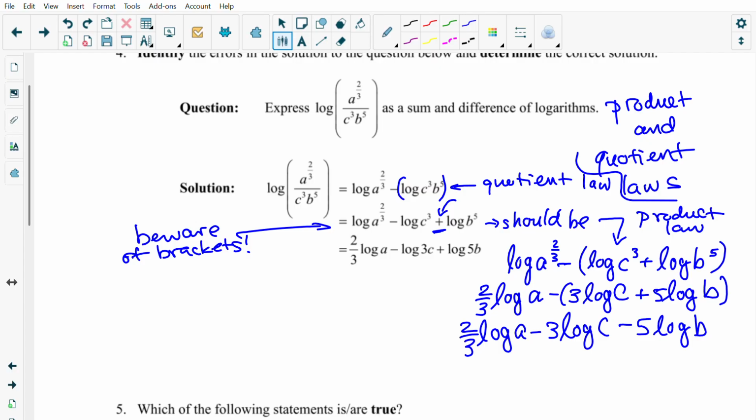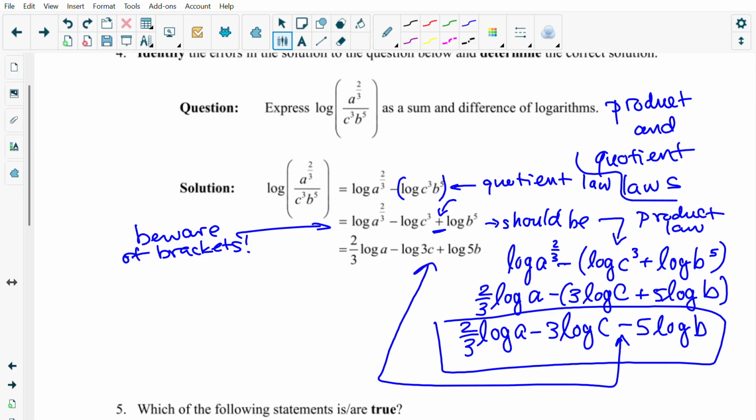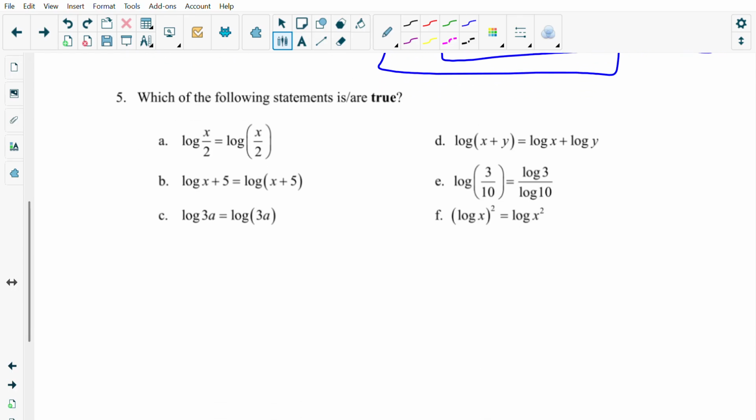Okay, so this is the proper application. Subtle difference here, that minus sign versus the plus sign. Okay, so there's your correct solution.